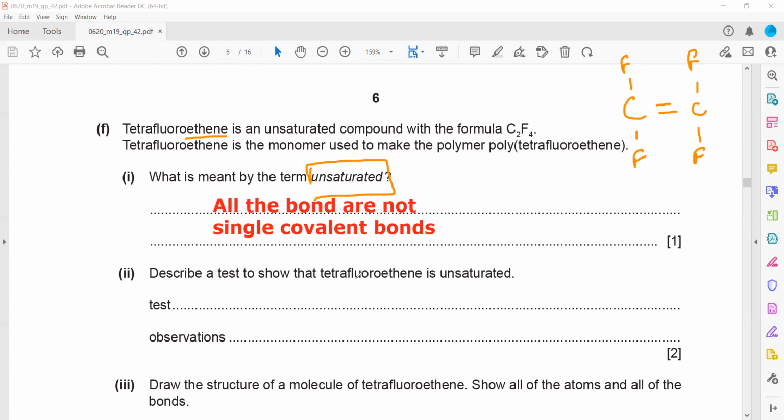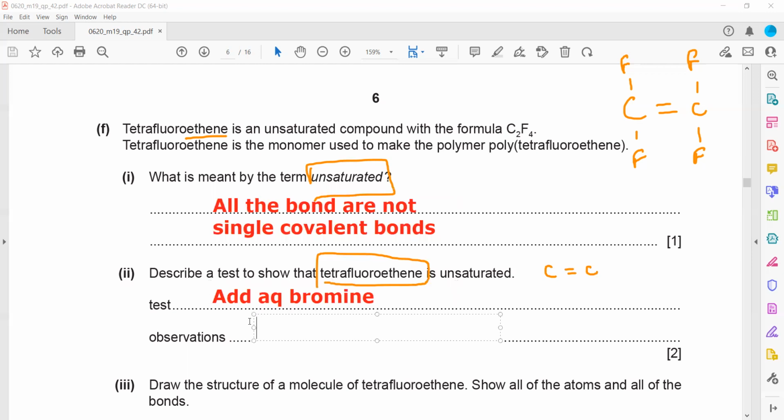Describe a test to show that tetrafluoroethene is unsaturated. So how can we test the presence of a carbon-carbon double bond? A simple test: we can add aqueous bromine, and what is the observation?